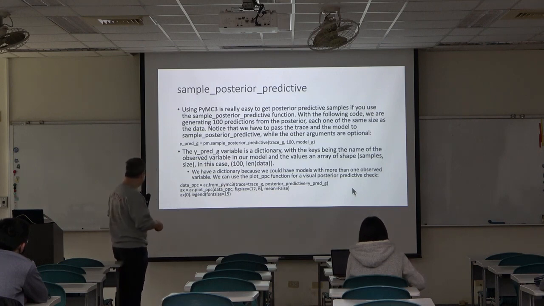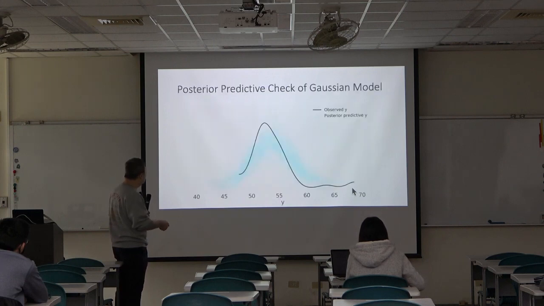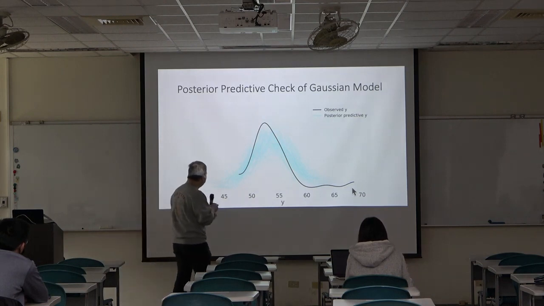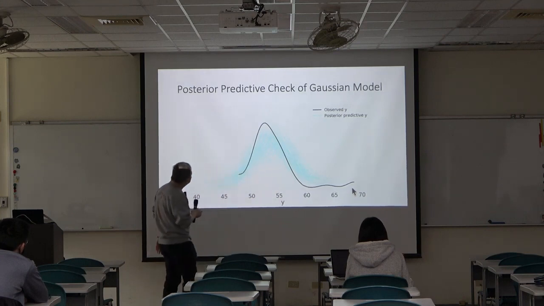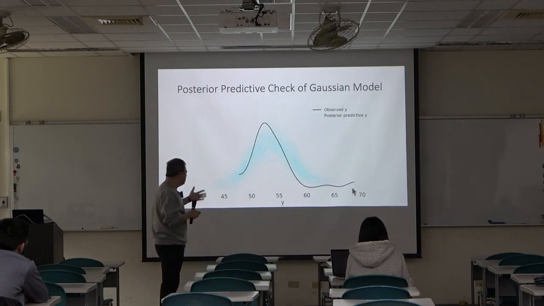Because we generate 100 samples, each one is represented by a blue line. You should be able to observe that we have many blue lines.